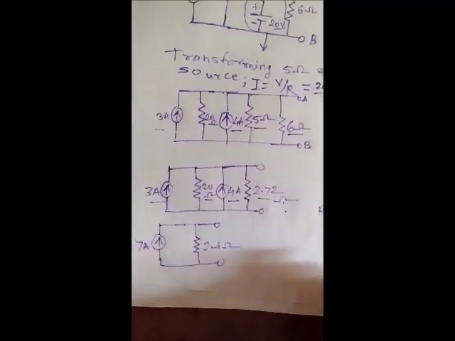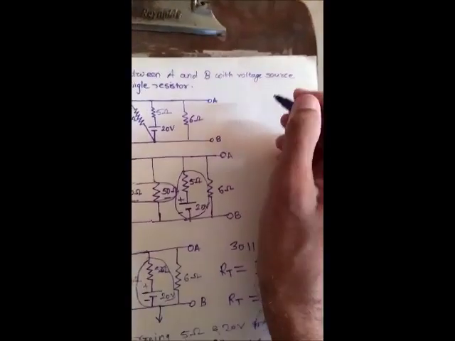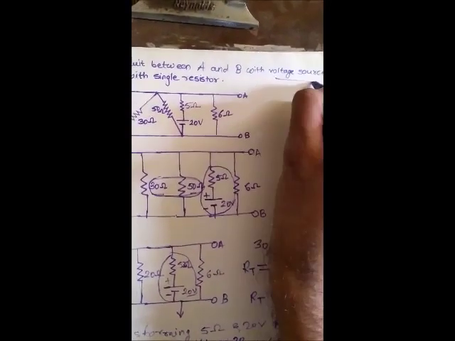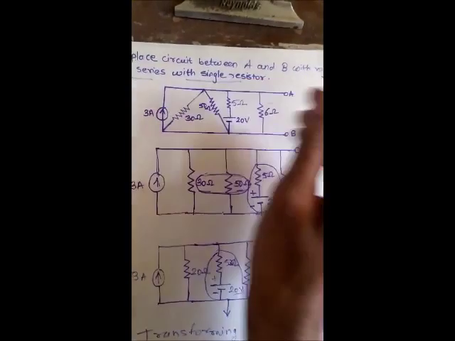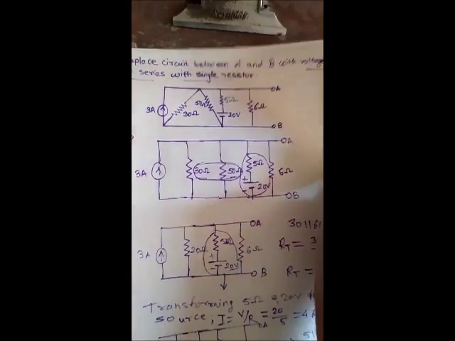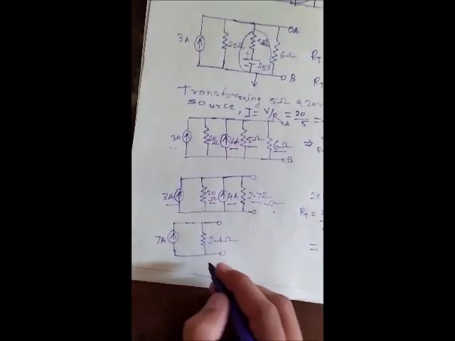Have we solved the circuit? No, our aim is not fulfilled. What is the aim? We have to reduce it to a voltage source in series with a single resistor. And what have we found out? We have found here a current source.